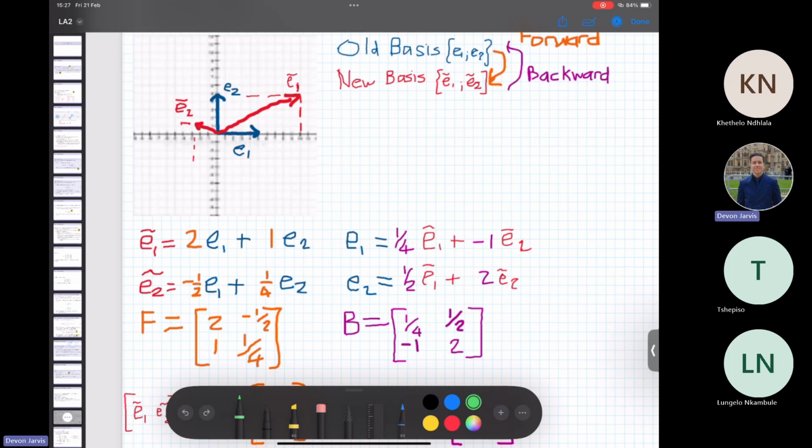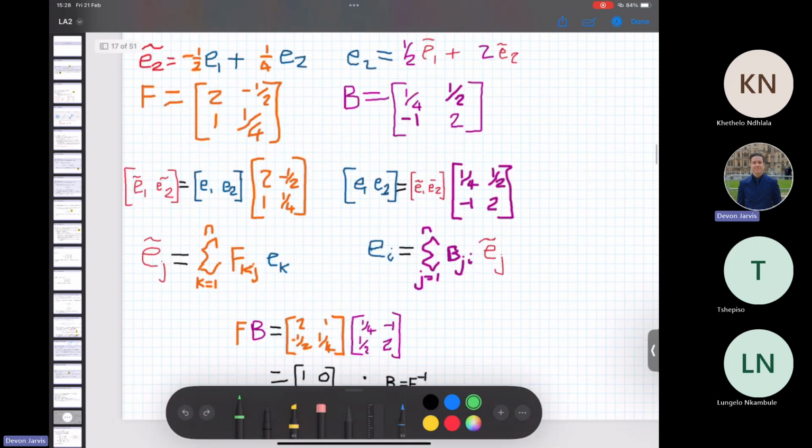You can do the exact same thing with the backward transform. You look at how to reconstruct E1 from the bases E1 tilde and E2 tilde, and then you take, again, 1/4 and -1 and stick them along the first column. Same for half and 2 in the second column. So now you have your forward and your backward transforms.